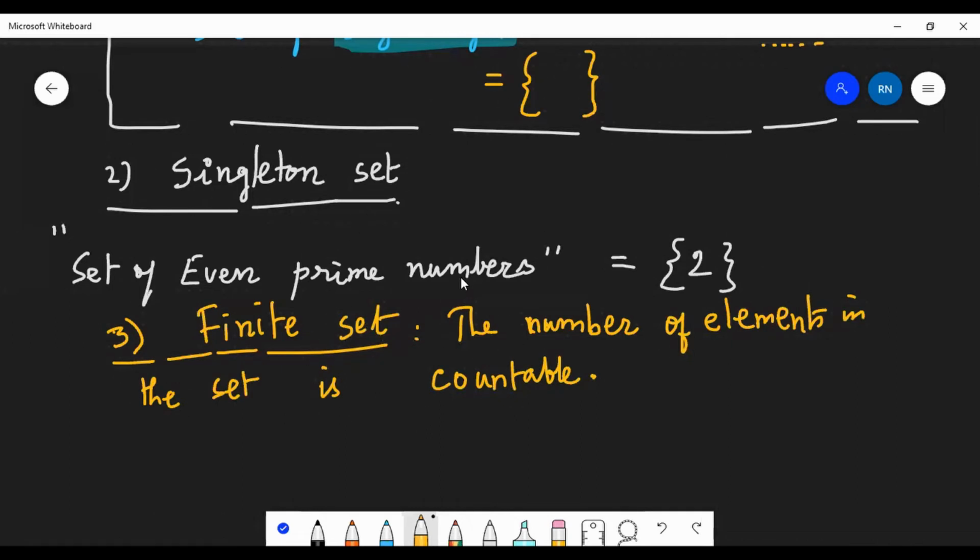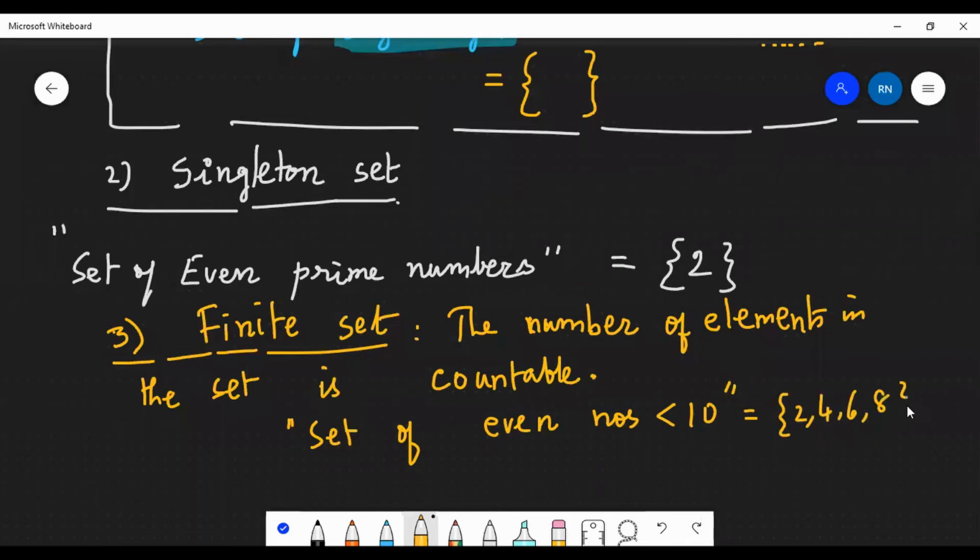Many examples. Now this is already a countable set. Set of even prime number, there's only one. Yeah, it's countable. Now, once again coming back to that set of even numbers less than 10. When we talk about set of even numbers but less than 10, it is countable, because you know the starting, you know the ending.